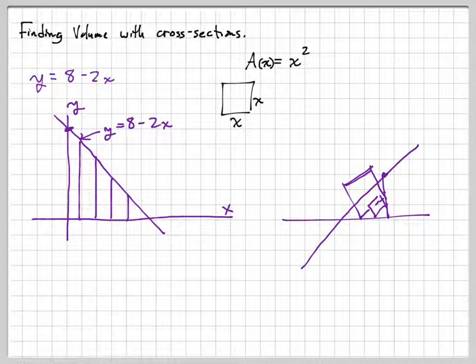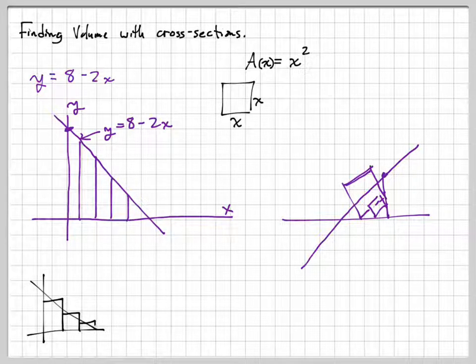Now, to find the volume of this solid, you've got to find the area of each cross section and then add them together. Now, do you guys remember finding the area of each rectangle for Riemann sums? Totally unrelated to the shape. Riemann sums would give you these rectangles, and you guys would find the area of each of these and add them together.